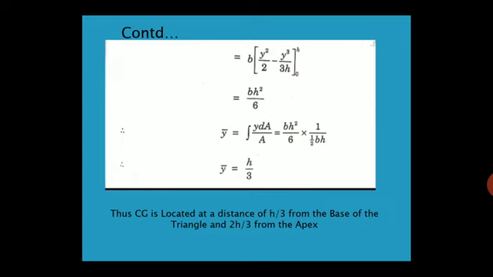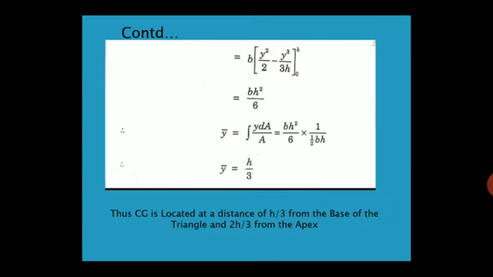So from the base y bar is 2 meters. Similarly, if you want to locate x bar from the vertical side of the right angle triangle, it will come as b by 3, whereas when you locate from the base, it will come as h by 3.